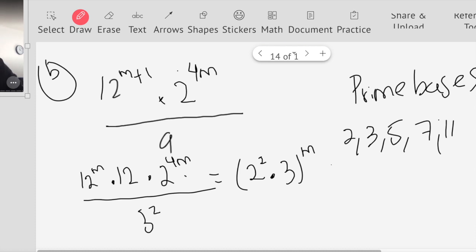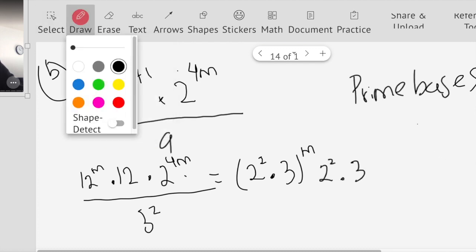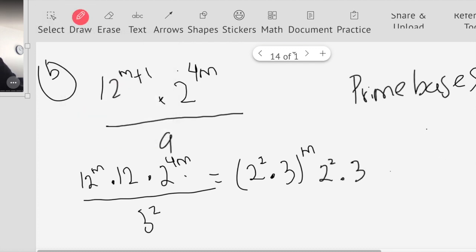And then 12 I can write as 2 squared times 3. Let me erase these so I don't confuse you. And then 2 to the 4m divided by 3 squared.